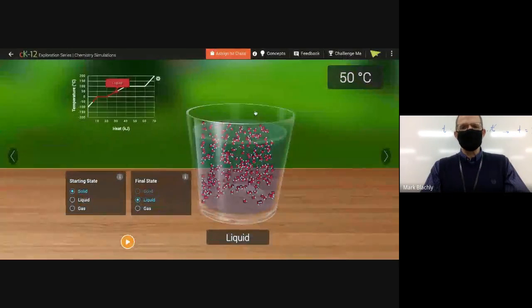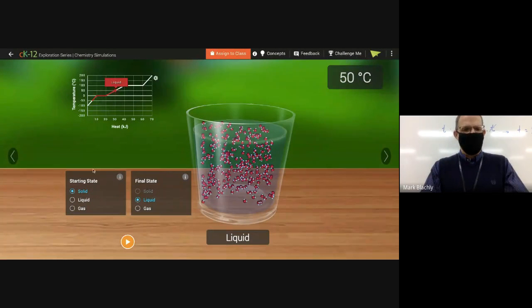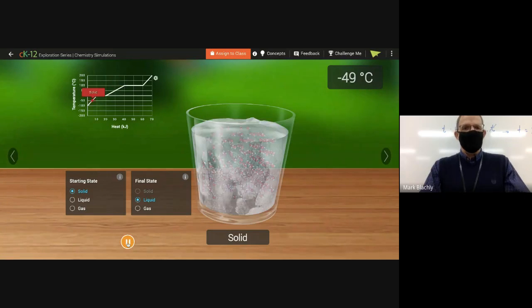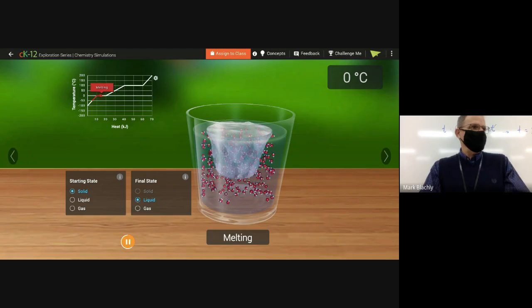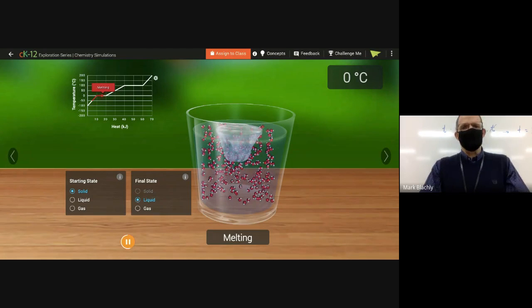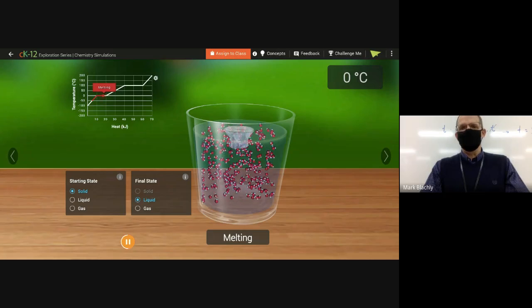Okay? So let me show you that again. Keep your eye on the graph here. We're going to start with solid ice, and we're adding energy. We're adding energy, and the temperature is going up. Once we get to 0 degrees over here, now we're adding energy, but the temperature is not changing. Where's the energy going? It's converting solid to liquid.